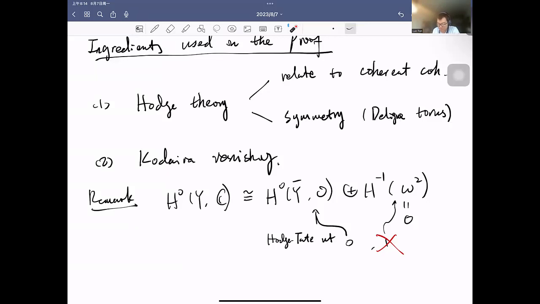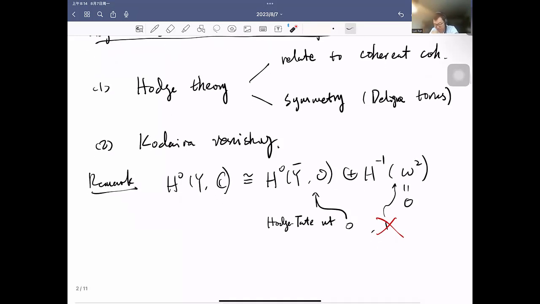Because certain Hodge-Tate weights are missing below middle degree, you can use this kind of result to show that if you have a Galois representation which has enough Hodge-Tate weights, then it cannot appear in the cohomology below middle degree. So I just want to mention one possible application of this kind of result.